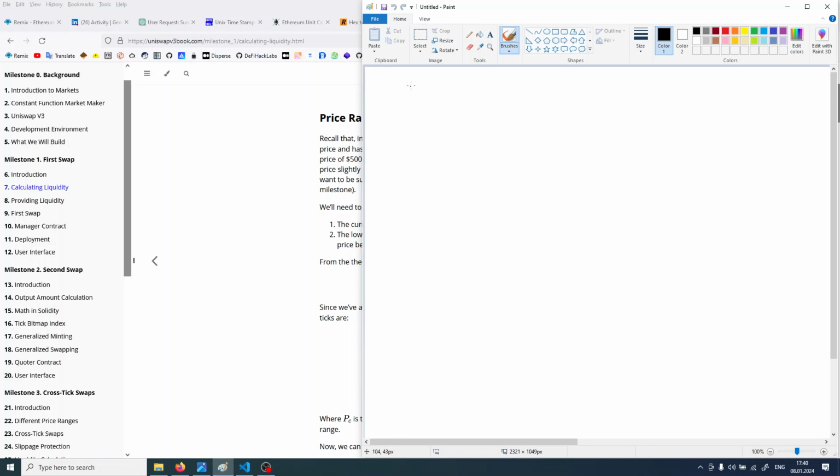So for example, we don't name our tokens somehow, we just use token 0 and token 1. Yeah, so these are the reserves of these tokens in the pool, and then we create liquidity and define lower and upper prices.